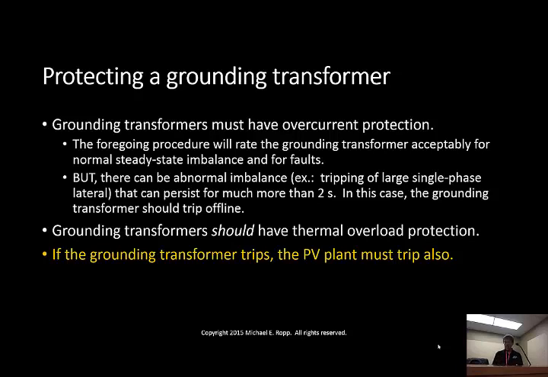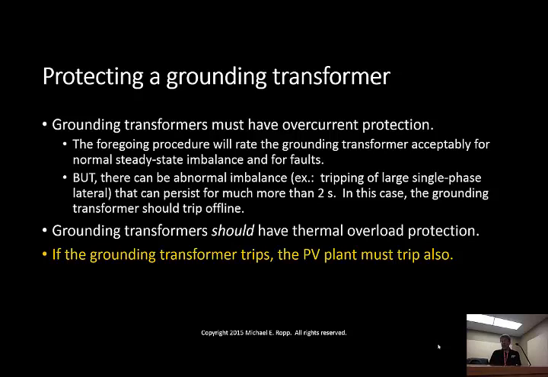The reason is that you're trying to come up with a compromise between the cost and sizing of the grounding transformer and the problem of tripping the PV plant offline every time there's an overload that causes the grounding transformer to trip. So that's why we're saying you might want to up those recommendations just a little bit, because it would give you a more favorable trade-off between trips and protection.